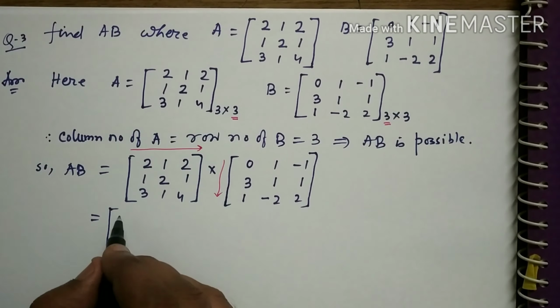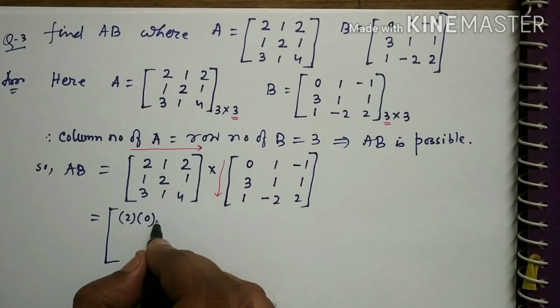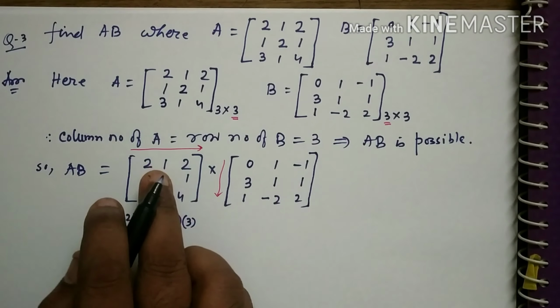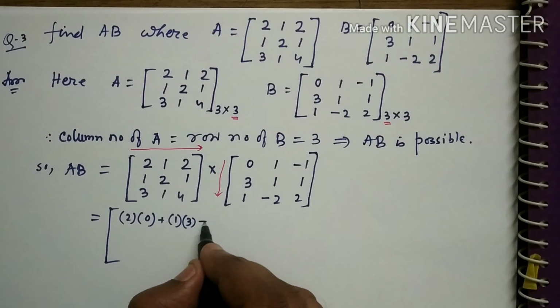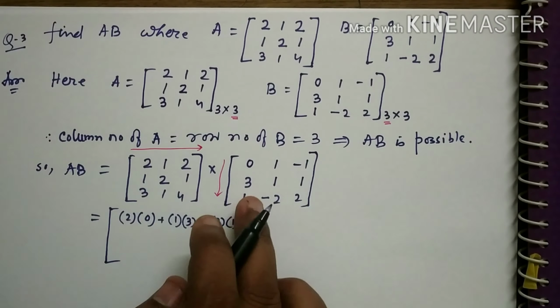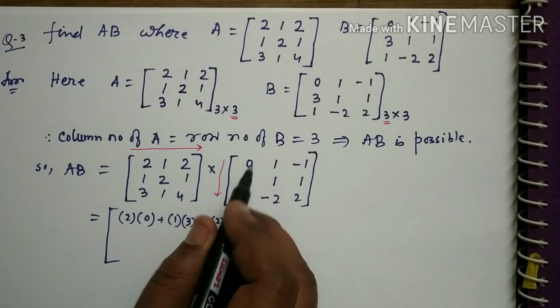This into that: 2 into 0 plus 1 into 3 plus 2 into 1. Similarly, the first row is over for the first column.